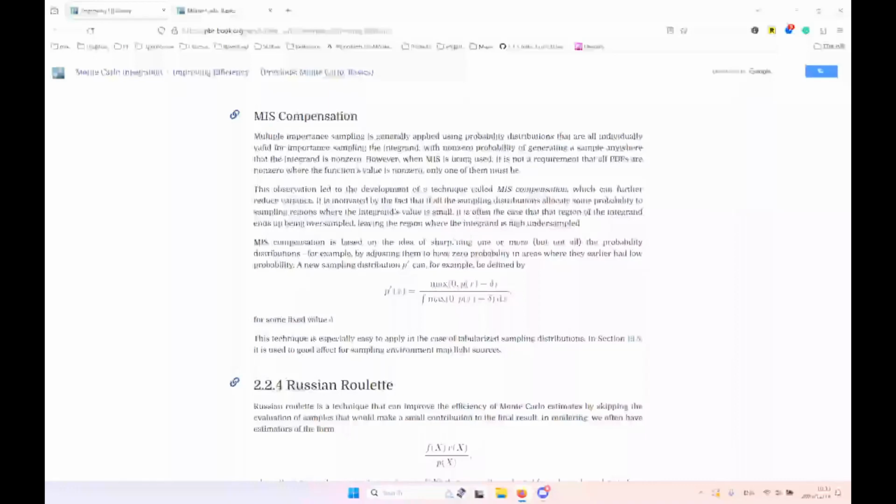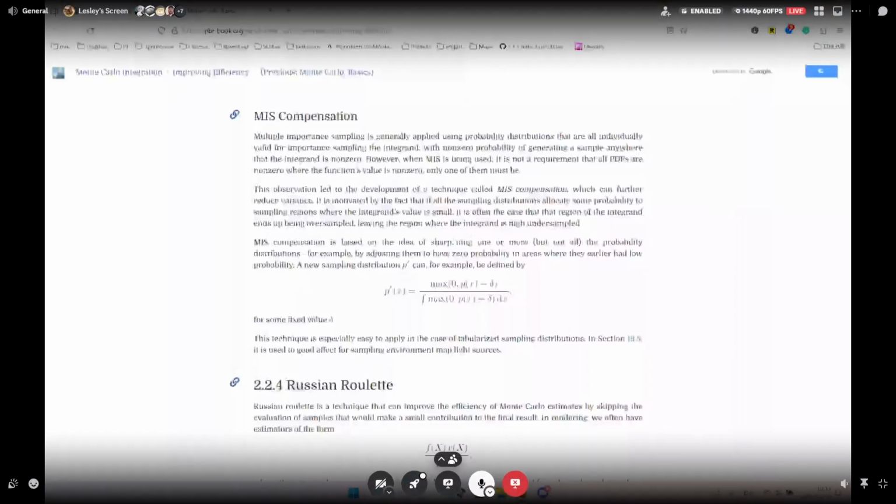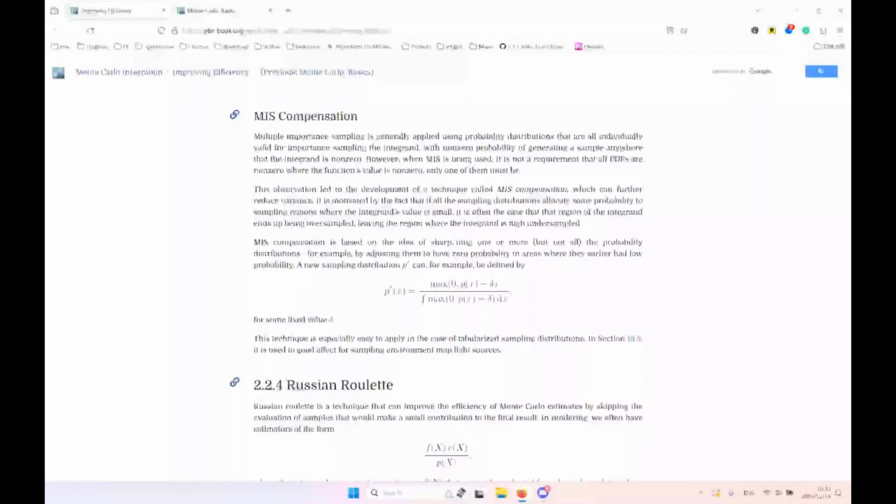I think it's basically because when you have multiple distributions, you don't actually need them all to cover the whole range. You only need one, because the weighting makes it work out. So the idea is that you adjust your PDFs so that where there's a low frequency range, you just make that 0, because you don't want to generate any samples in that area since it's a low probability area anyways.